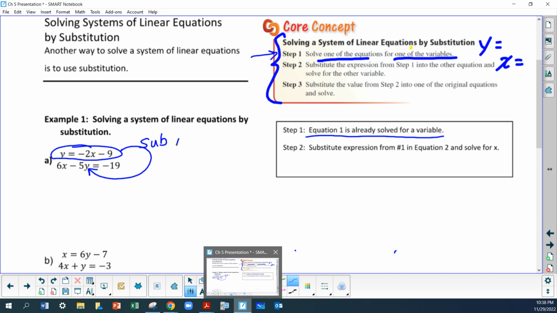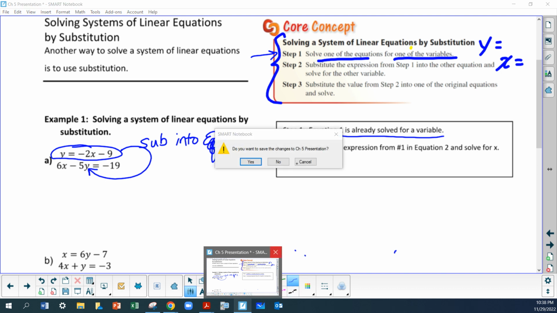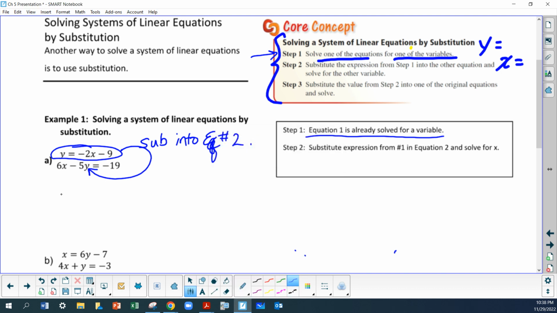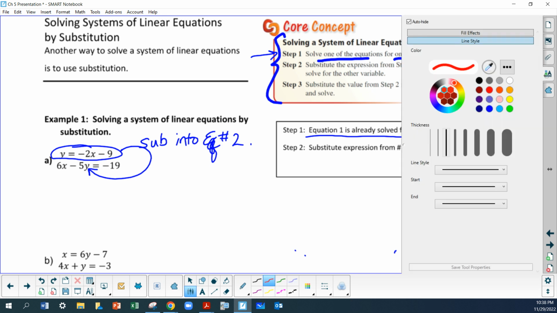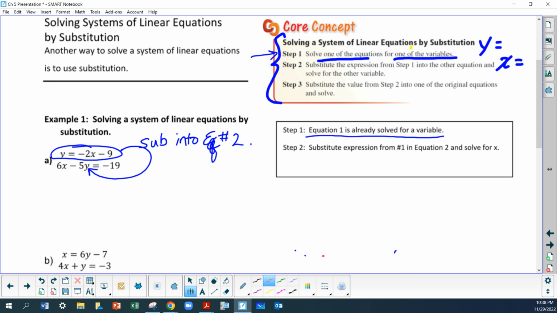So we'll sub into equation number 2. All right, so what will that look like? 6x minus 5, and now, instead of that y, we're going to say negative 2x minus 9.